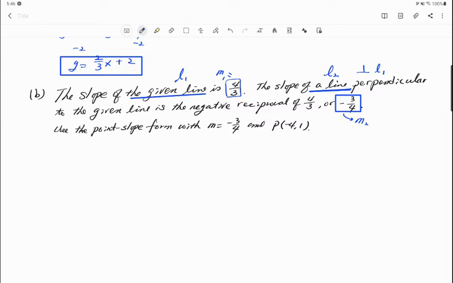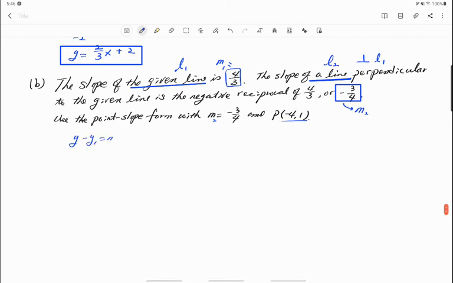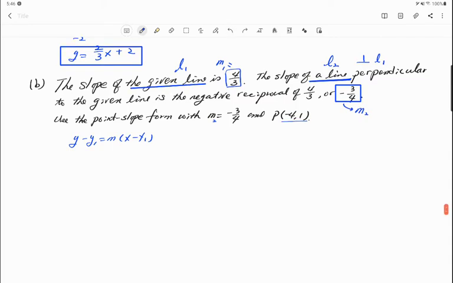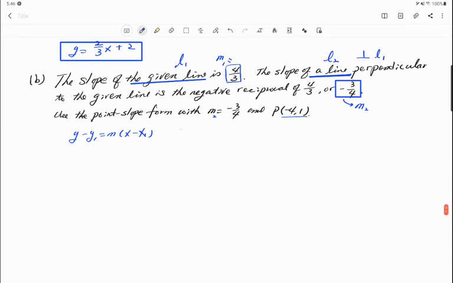Then use the point slope formula to write an equation. So look at this. The slope M2 is negative 3 over 4. And line 2 passes through this point. So let's use the point slope formula: y minus y1 equals m times x minus x1. The slope is negative 3 over 4, and the point x1, y1 is negative 4 and 1.